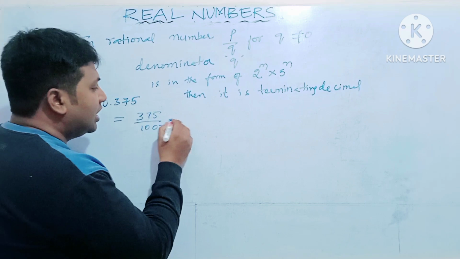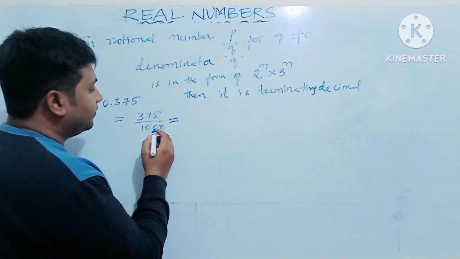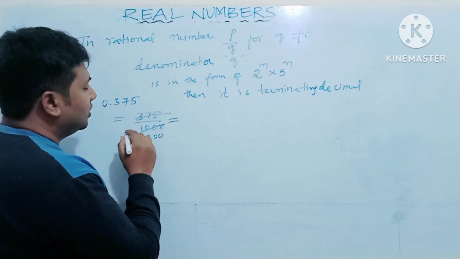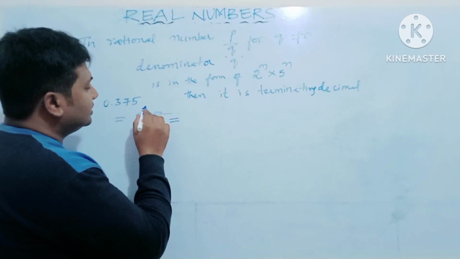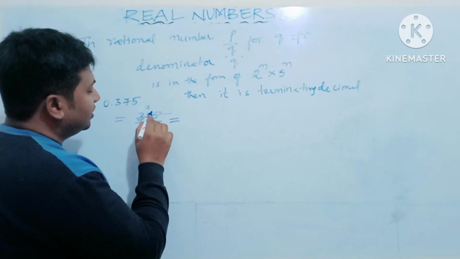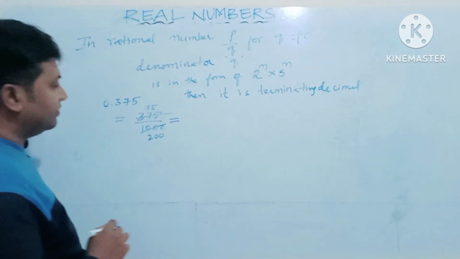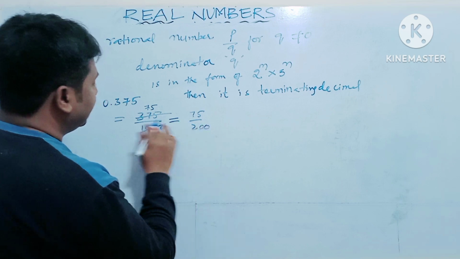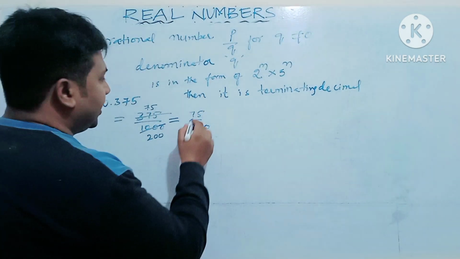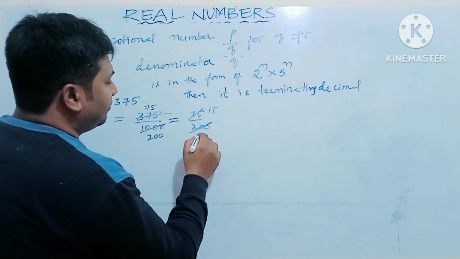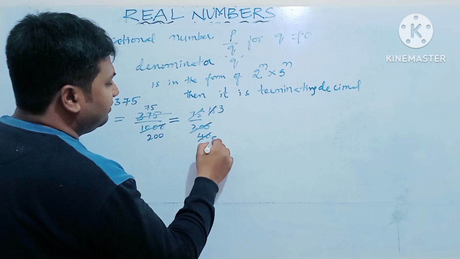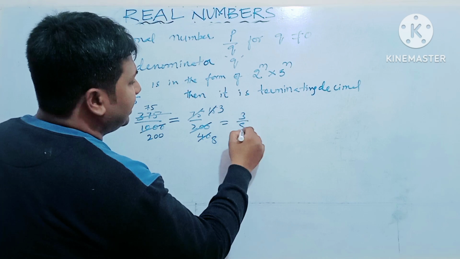Then I can simplify it. 5 sevens are 35, 5 fives are 25. Then 75 by 200. Again 5 fifteens are 75, 5 forties are 200. Then 5 threes are 15, 5 eights are 40. How much is 3 by 8?